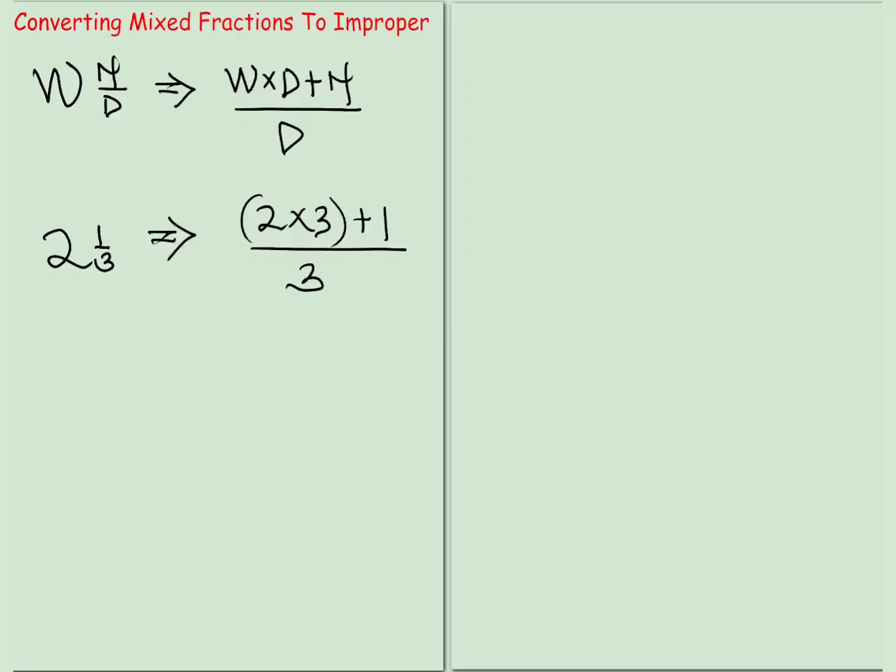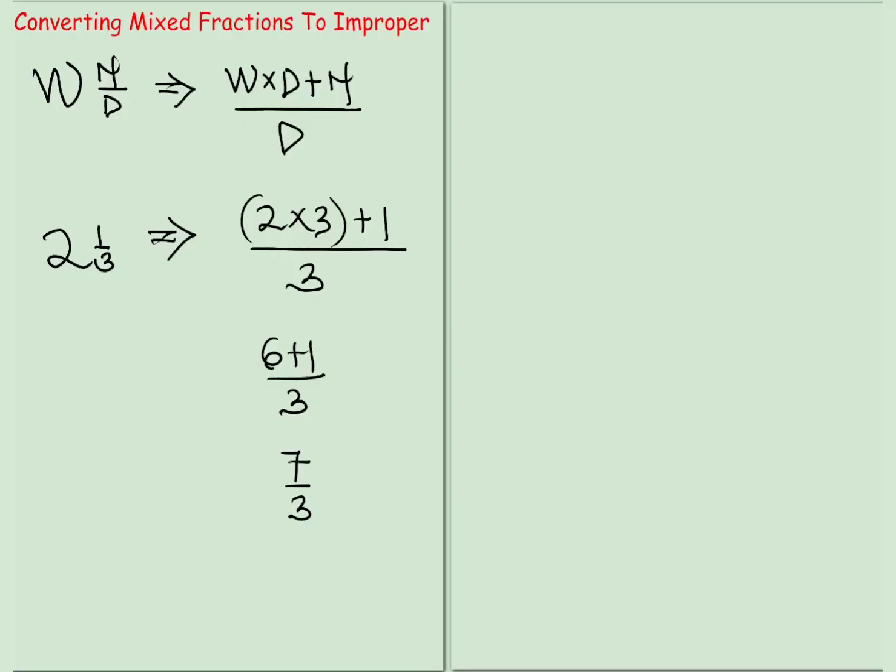Simplifying further, we have 2 times 3, which gives us a 6. So 6 plus 1 over 3, which then gives us a 7 over 3. And this is the equivalent improper fraction of 2 whole number 1 over 3. You see, it's very simple.